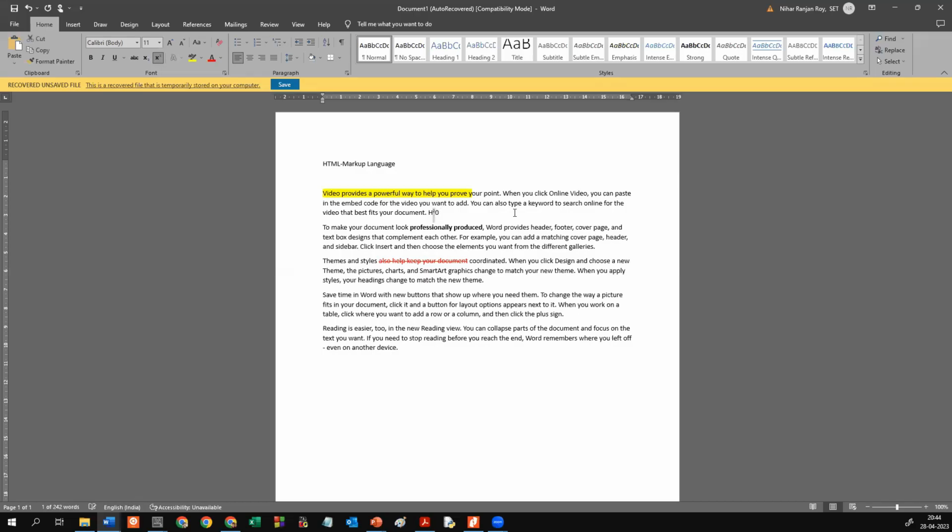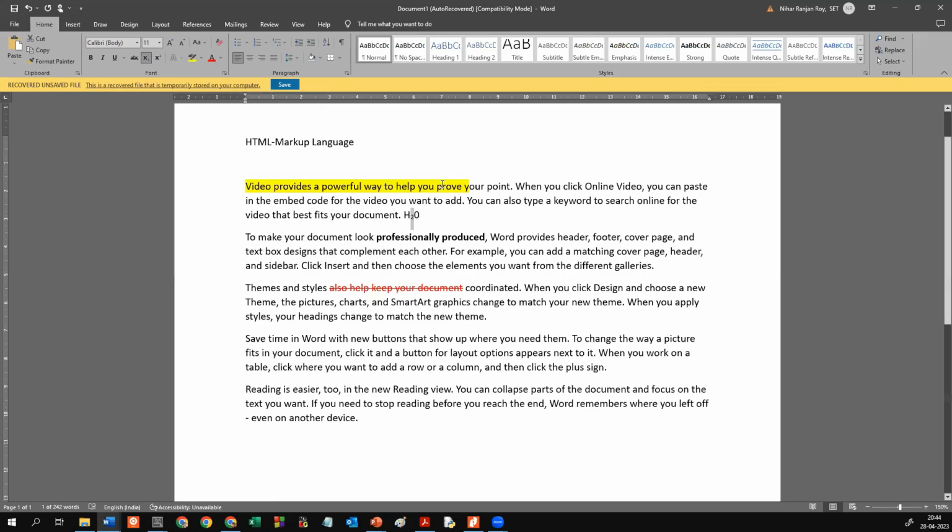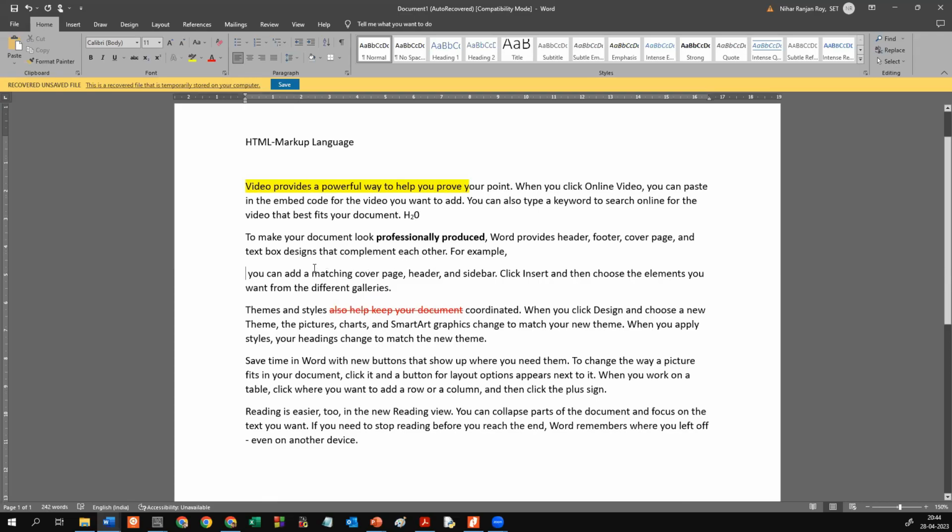Here I highlighted, here I struck through, and here you see what I'm doing?